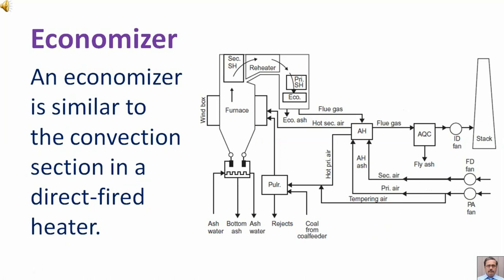An economizer is similar to the convection section in a direct fired heater.